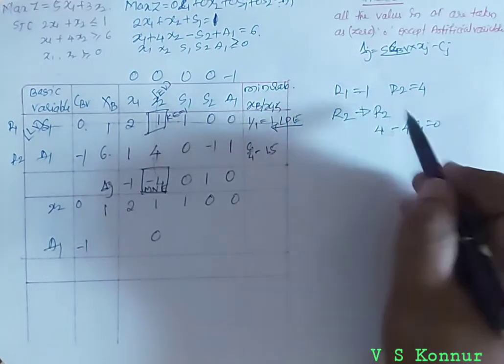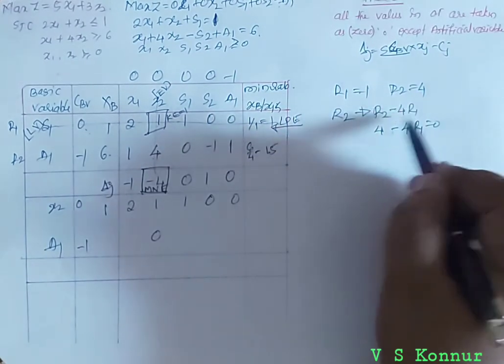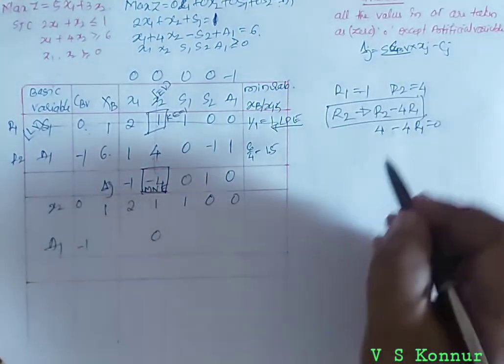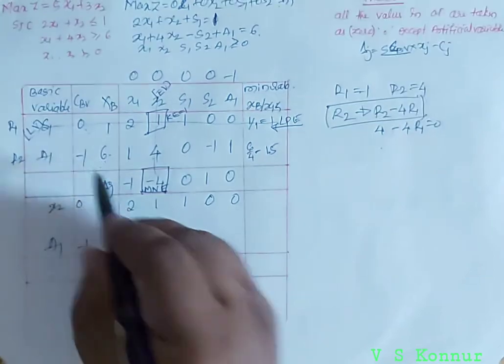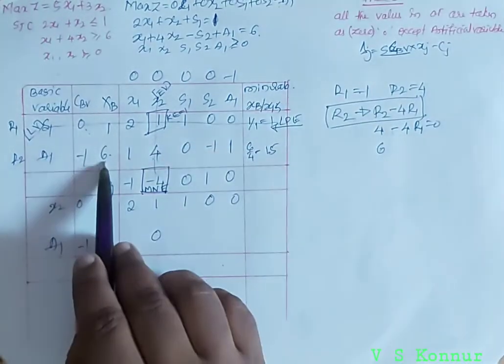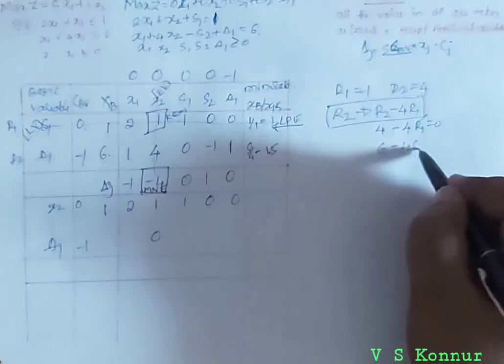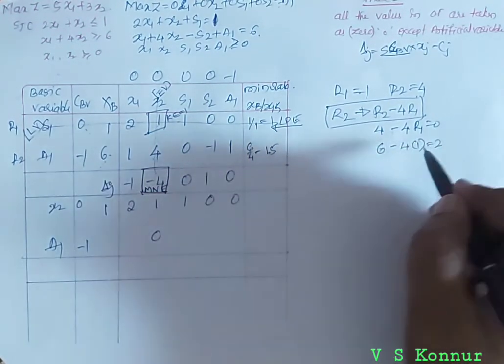R1 is having 1. So minus 4 R1. This formula will be used to solve these values. One I would like to solve. R2 is having 6, minus 4 into R1 is having 1. So that is equal to 2.